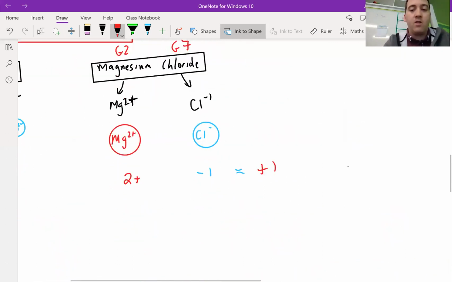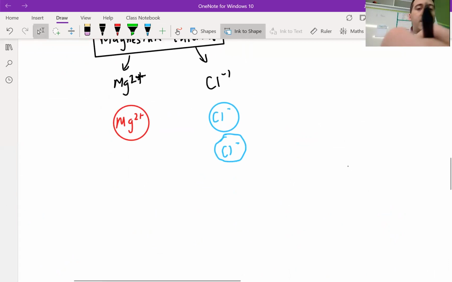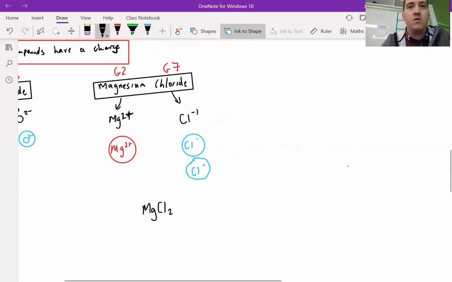So down here, this isn't equaling 0. So how can I make it equal 0? It's pretty straightforward. I hope that you realize that if I add another chloride, now they add up to 0. Okay, so that gives me the formula Mg, there's one of them, Cl2, there's 2 of them, MgCl2.